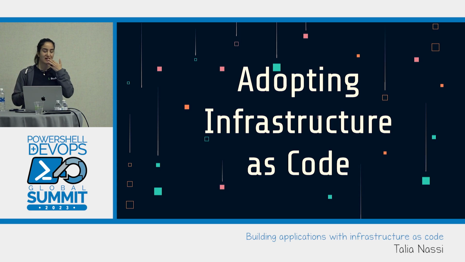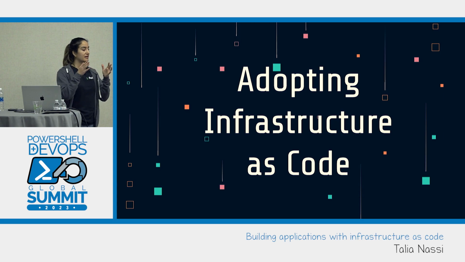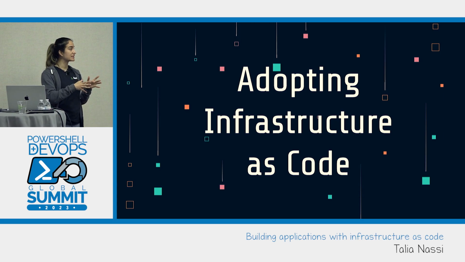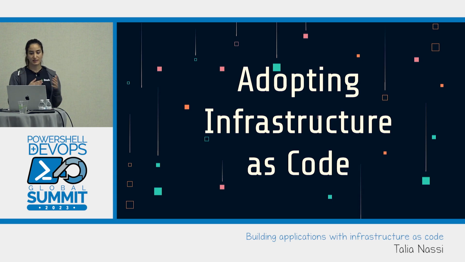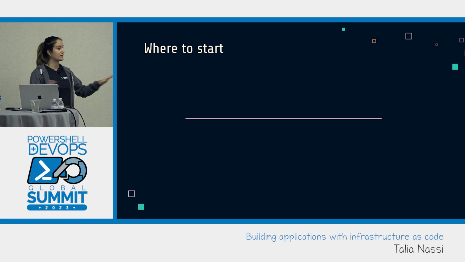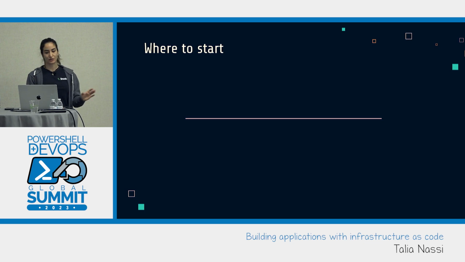Okay, so how do you actually start using infrastructure as code? We're going to go through from someone who doesn't have any infrastructure existing to someone who already has an entire application existing, and how do I adopt this into my organization? So first, let's start out with someone from day one. I have nothing, I don't have any resources, and I want to start using infrastructure as code.